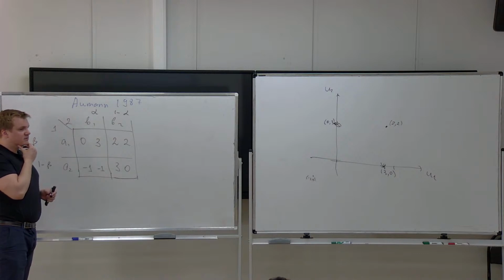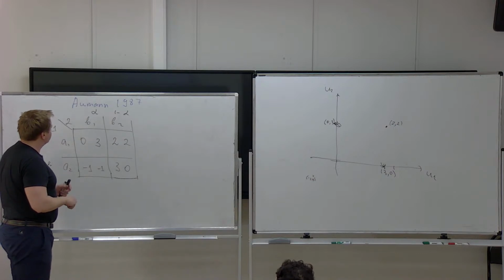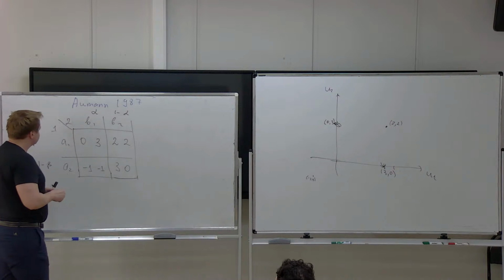Alpha b1 plus 1 minus alpha b2 should be equal. What do you mean alpha b1? I mean, what's b1?